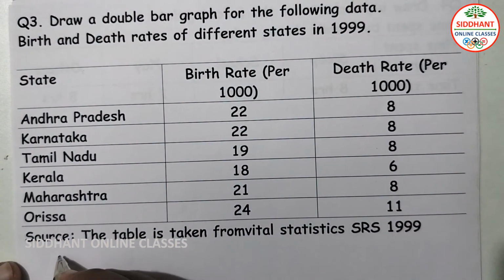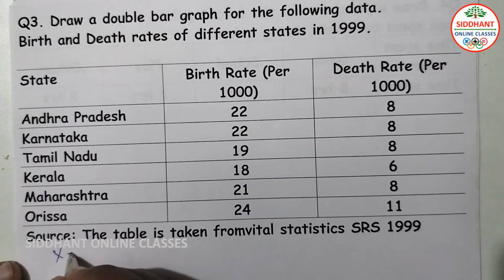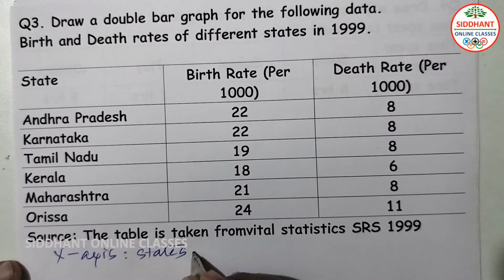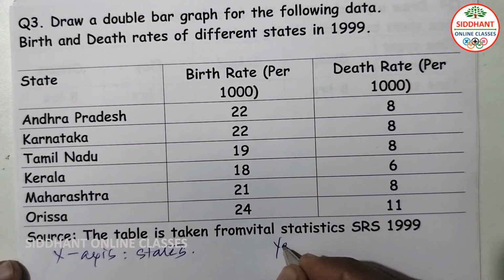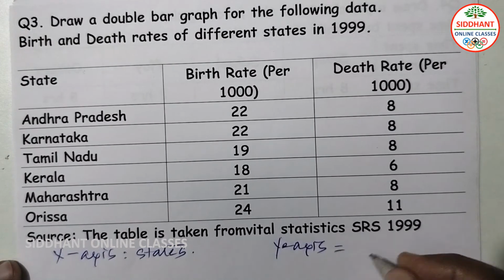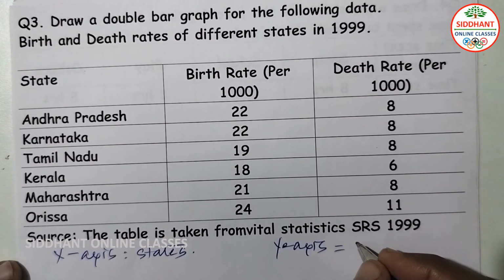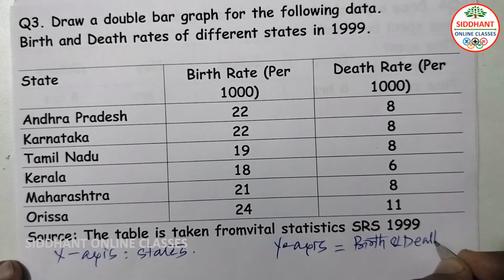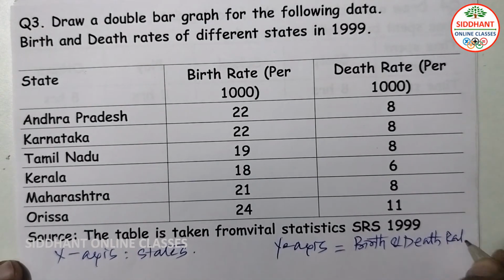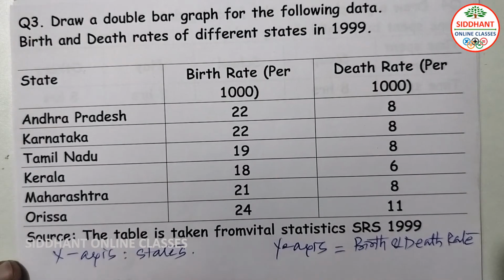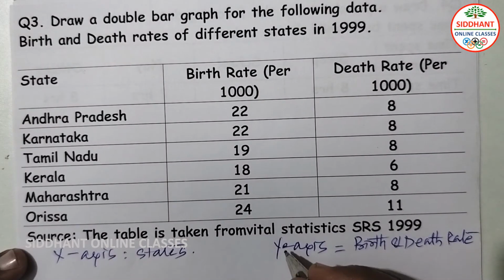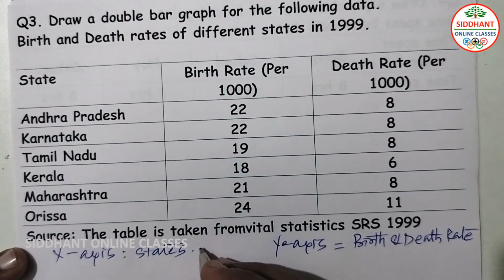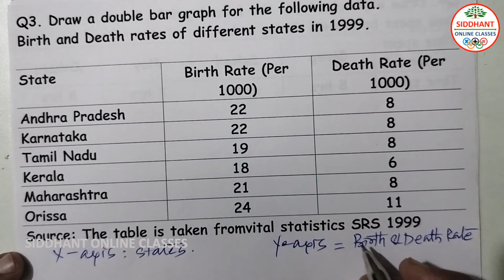So here we are going to take x-axis, states we are going to take, y-axis we are going to take birth and death rate. And here we are going to take 1 centimeter equal to 1 here.